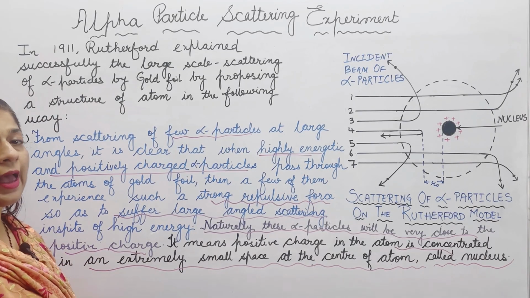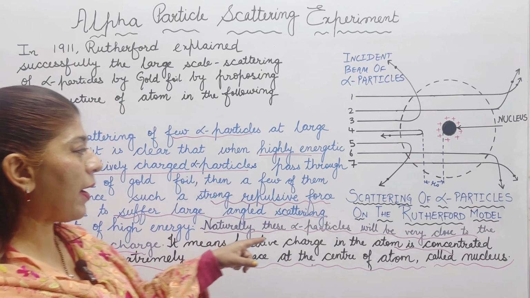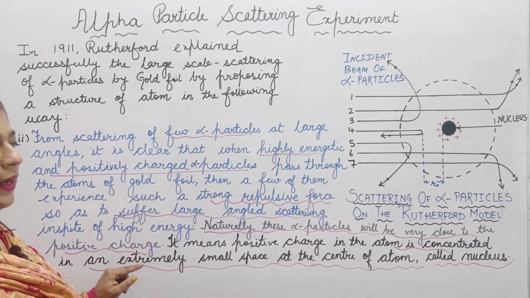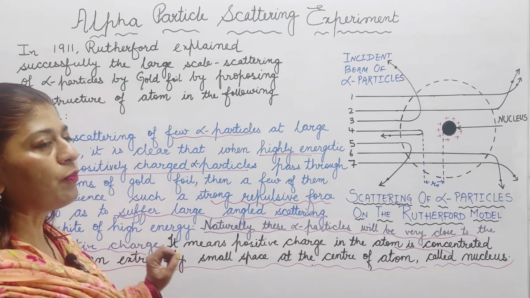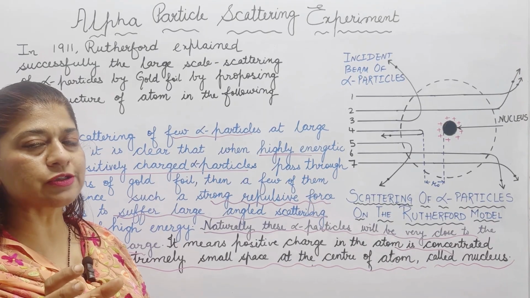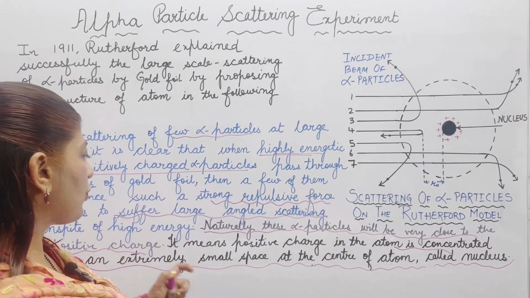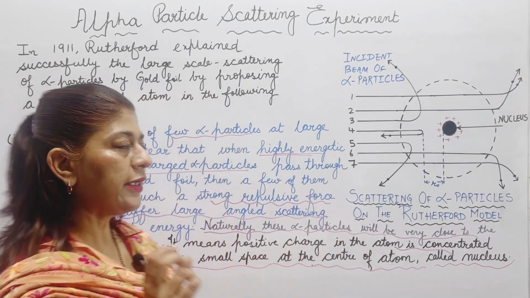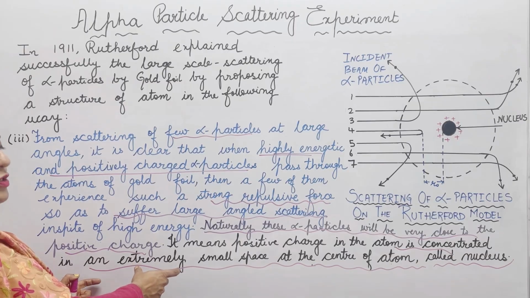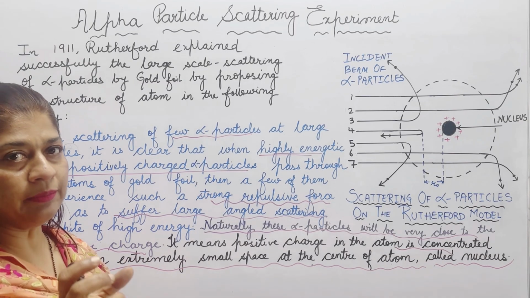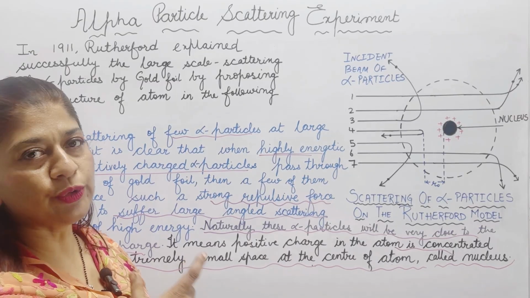This happens only when the alpha particles are very close to the positive charge in the atom, because this deflection is of few alpha particles only. So from here it is confirmed that this positive charge in the atom is concentrated in a very small region, an extremely small space at the center of the atom, and that is called the nucleus.